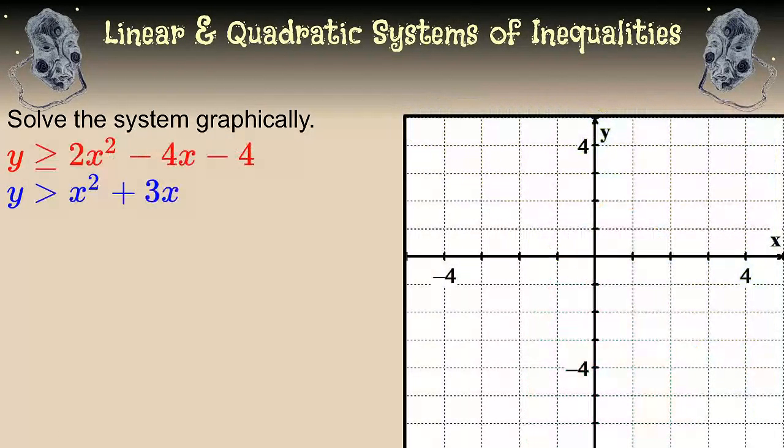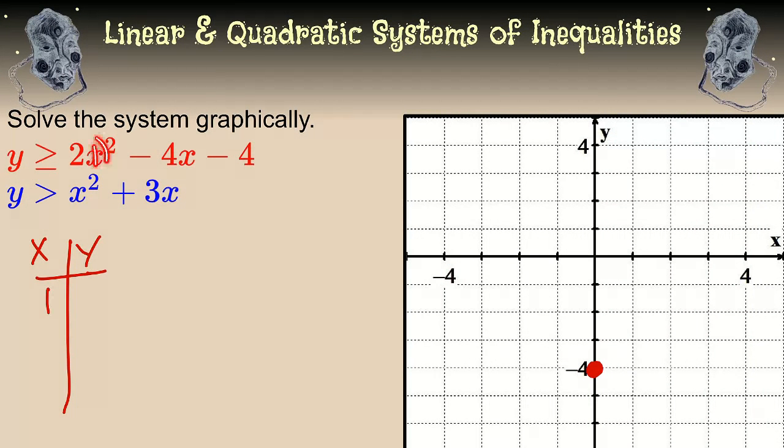All right, last problem for the day. Solve this system graphically. So, looking at the red quadratic, we have (0, -4) as one of our points. We're going to find some more points. I'm going to put in an x value of 1.